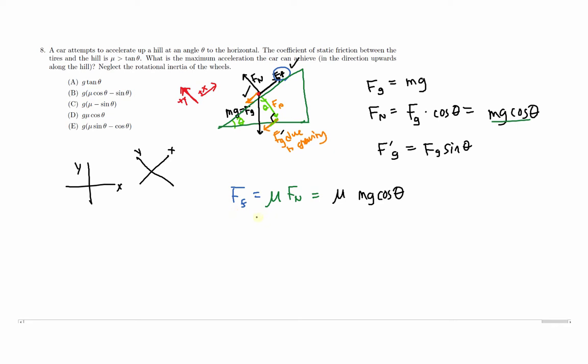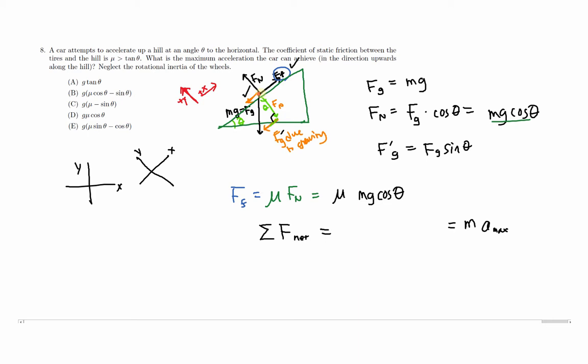Now I'm going to set up the net force, and we want to find the maximum acceleration. So on the right side I'm going to have mass times the maximum acceleration for our F net.